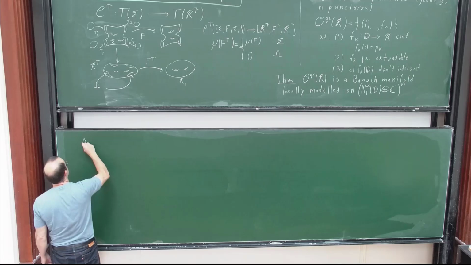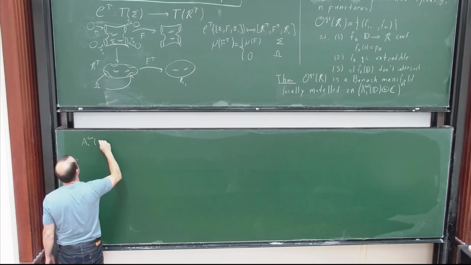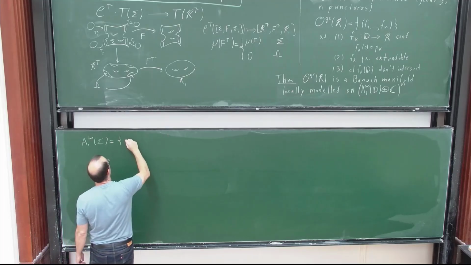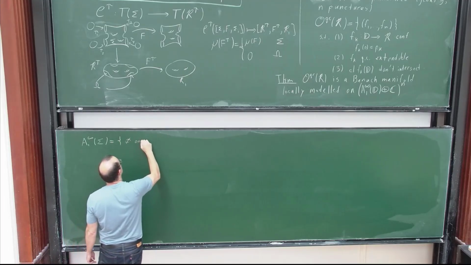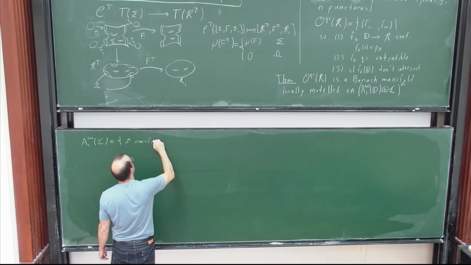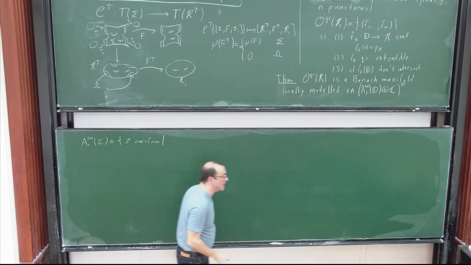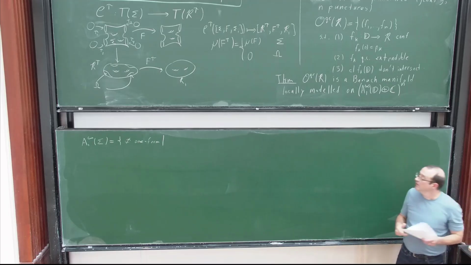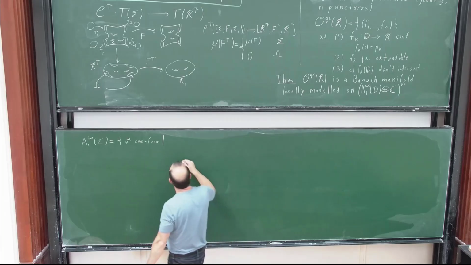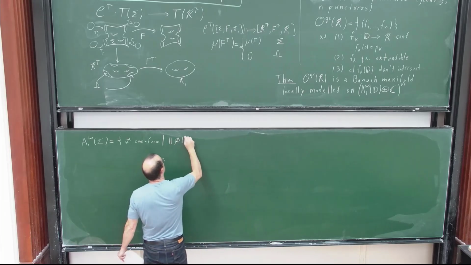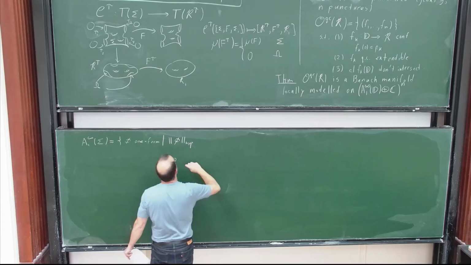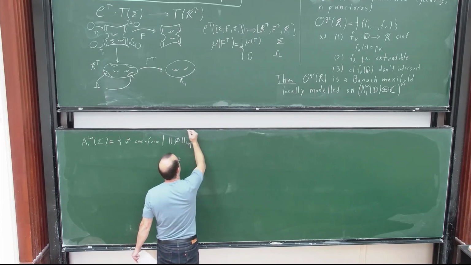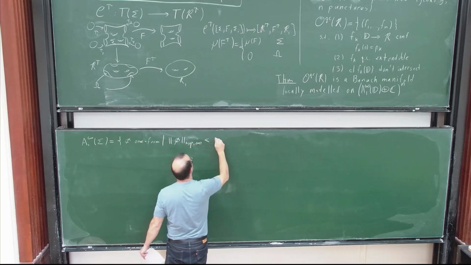So A1 infinity of sigma is the set of 1 forms such that the L infinity norm is bounded.